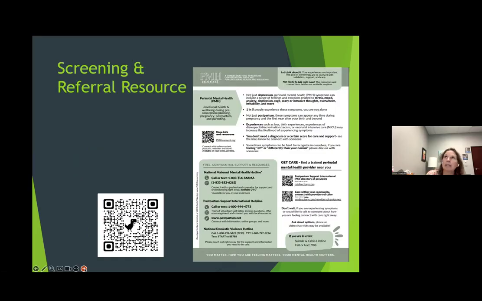And referrals are really important, especially if things are severe, or if it's complex with a lot of diagnoses or comorbidities, and also if somebody's not responding to treatment in an early time frame. This is that PMH Connect resource. It can be a good referral tool.